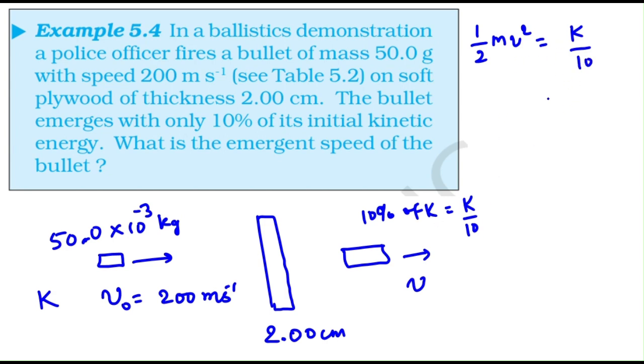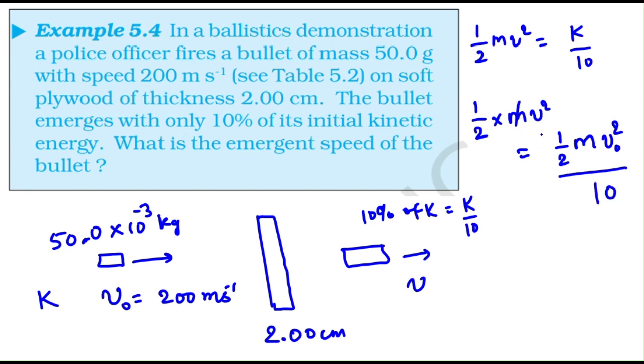So we can write 1 by 2 into mass of the bullet m v square equals 1 by 2 into mass of the bullet into v naught square, and the whole divided by 10.